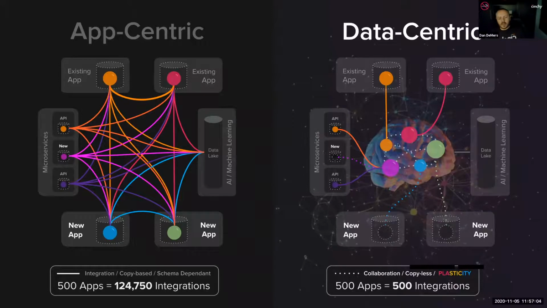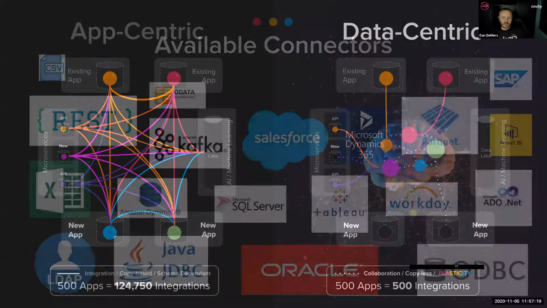So if I need 100 systems that now need to interact with that new department column, I don't need to do 100 integrations. If they're connected to the fabric, then all they simply need is access. So that access replaces the copying, and you're benefiting from plasticity, which we covered in the last episode.